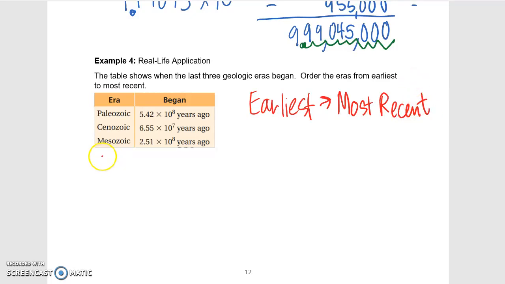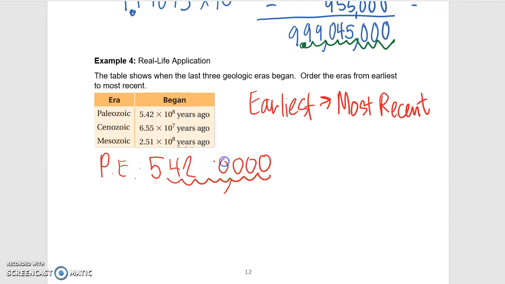So down here, I'm going to show that the Paleozoic era was 5.42 times 10 to the 8th. So 1, 2, 3, 4, 5, 6, 7, 8. So that's 542 million years ago.